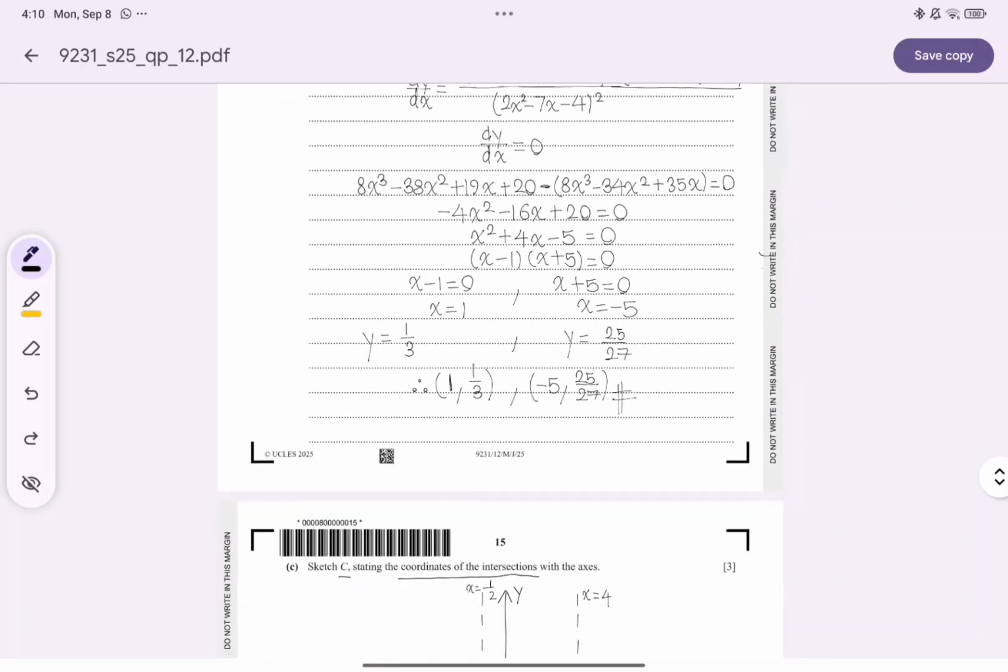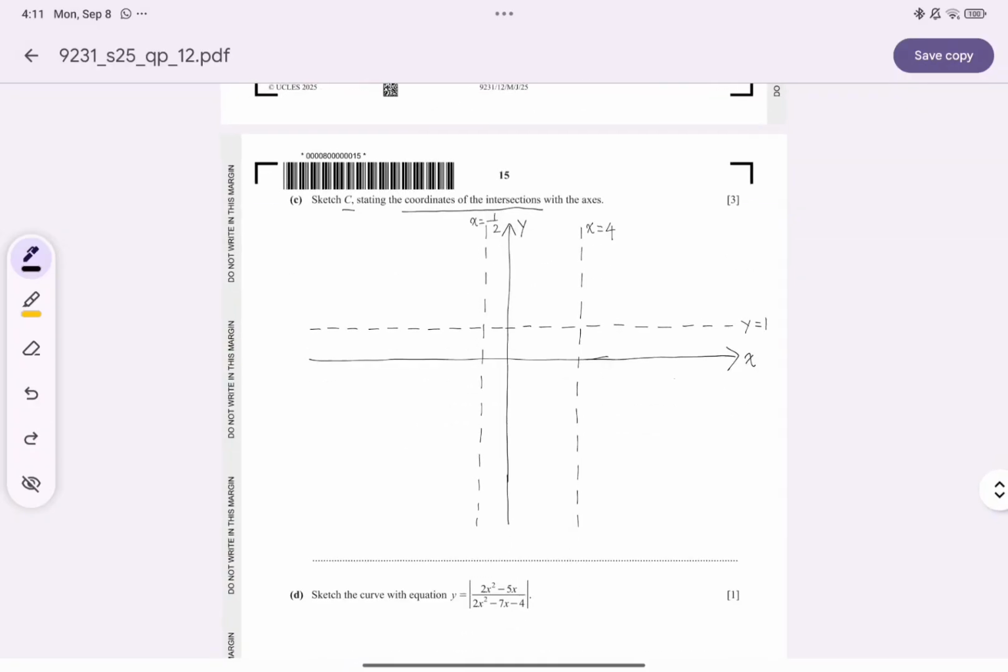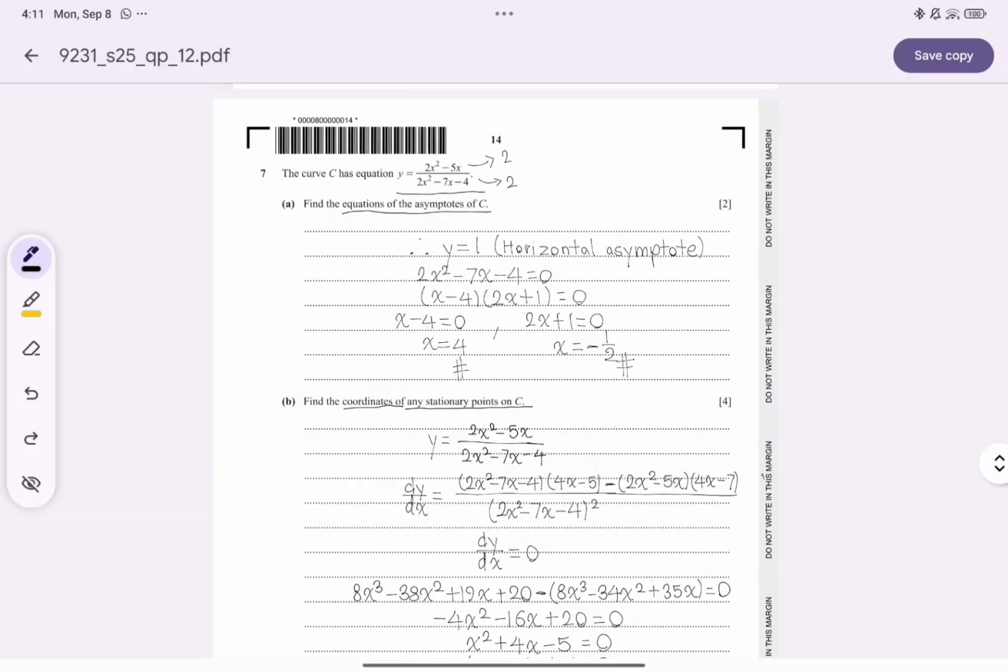Okay. And now let's find the x and y intercepts.